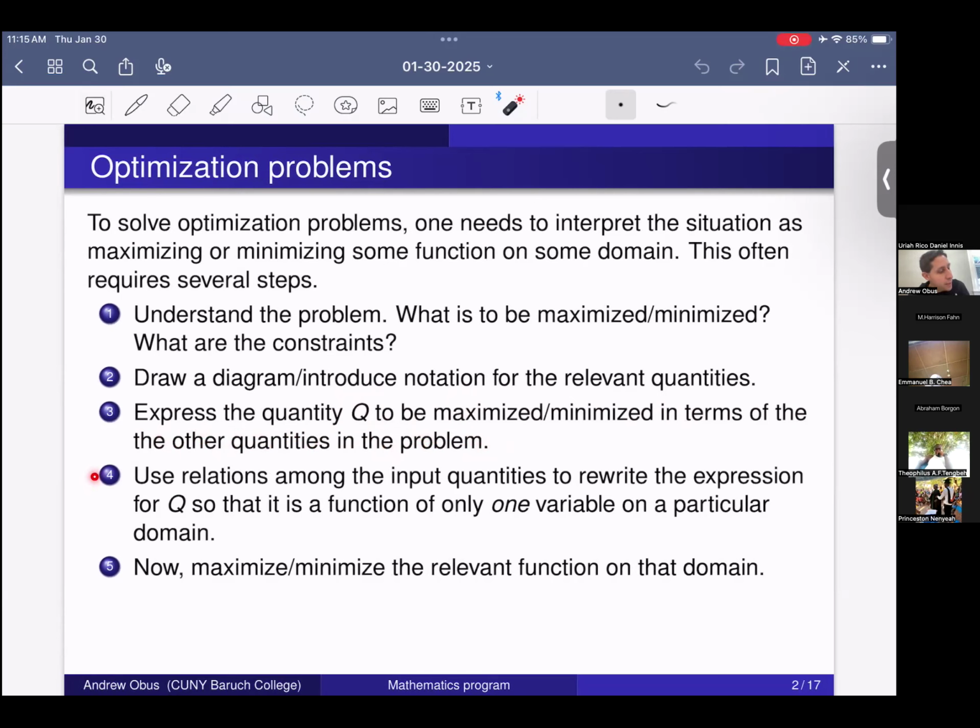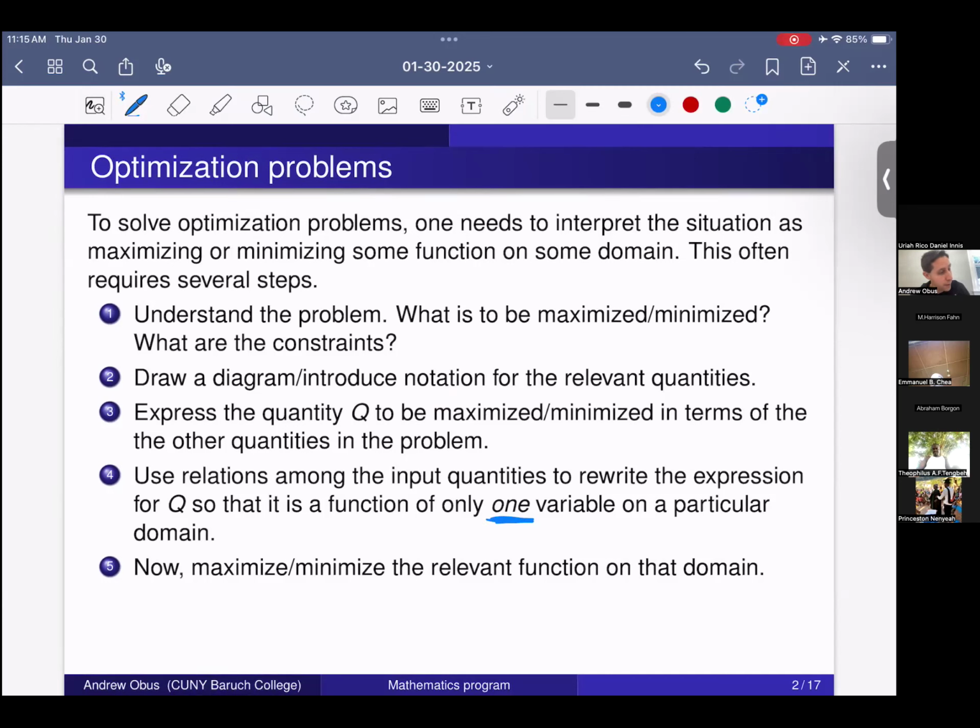If you have a whole bunch of quantities going into Q, to do optimization the way we've been doing it, you need to convert everything so that you only have one input, so that Q is a function of just one variable on a particular domain. This is often a very important step.